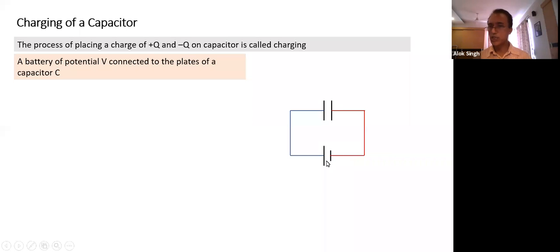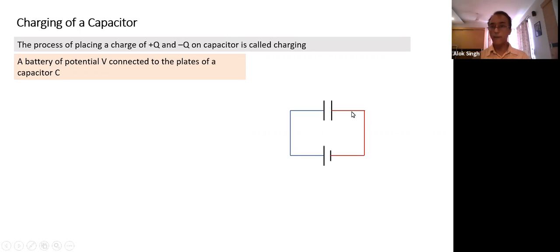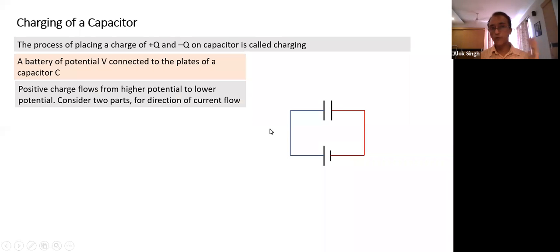If it has negative charge, I can take it as a negative potential. So the capacitor plate has higher potential. Here the positive charge will flow in the downward direction, from the capacitor to the battery. That's what you should keep in mind: positive charge flows from higher potential to lower potential.